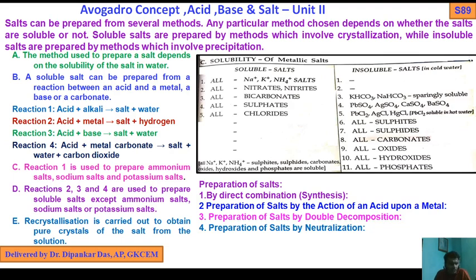In this way we can prepare the salt, and we also discussed the solubility chart, which are soluble and which are insoluble. Again I repeat: soluble salts are prepared by methods which involve crystallization, while insoluble salts are prepared by methods which involve precipitation.